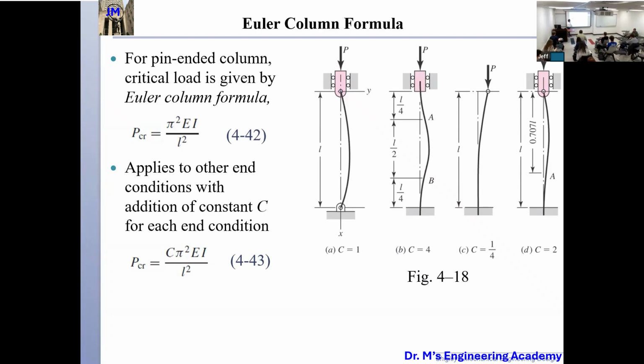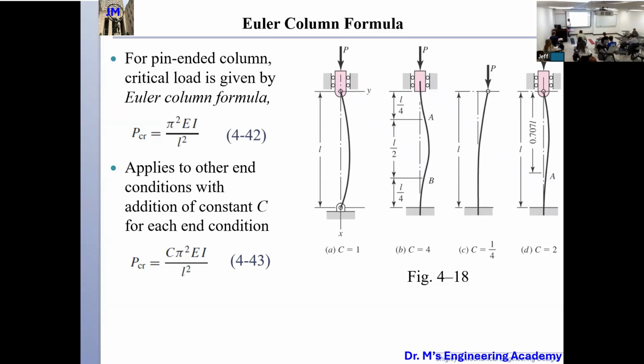E is Young's modulus, I is the geometric parameter of the cross-sectional area, and L is the length of this structure. And pi we know is the constant. You can see in this equation, PCR is influenced by the material, by the geometry, and also by the length.